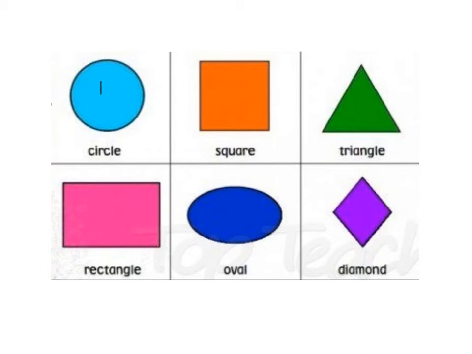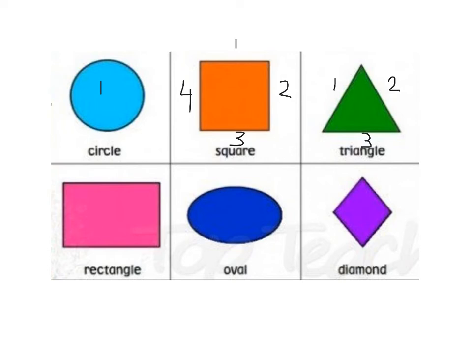Yeah. Let's look at the square. How many sides do you see? See if you can count with me. I've got 1, 2, 3, 4 sides to the square. How many sides does a triangle have? See if you can count with me. 1, 2, 3. 3 sides to the triangle.